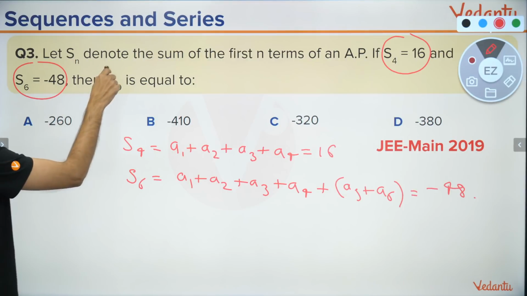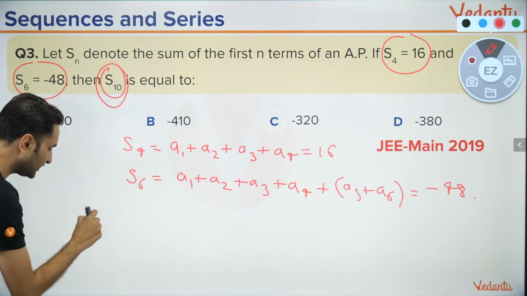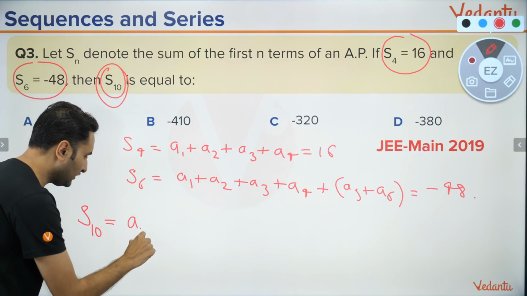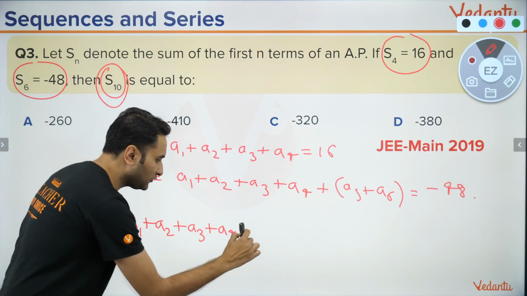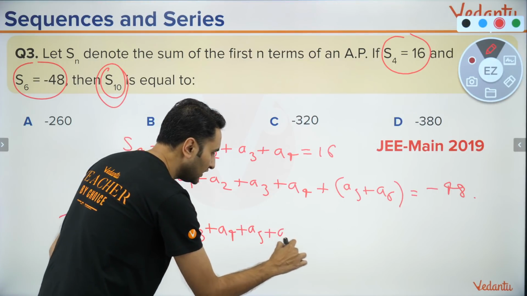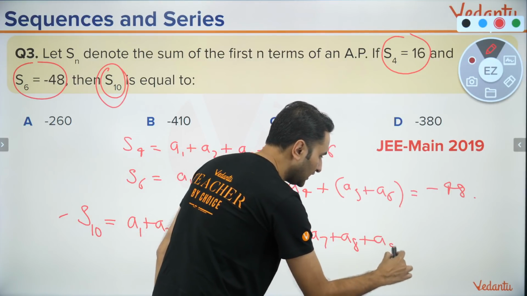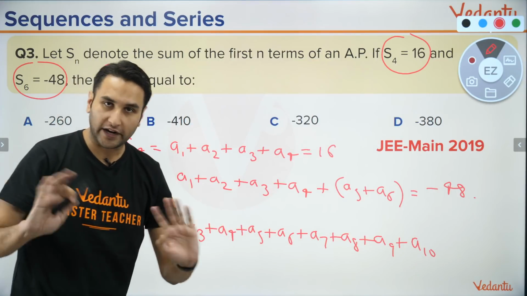Now what do you want? S10. अब देखना सिंगल लाइन में सॉल्व हो जाएगा. S10, ध्यान से देखना बच्चों. S10 is what? It is A1, A2, A3, A4, A5, A6, A7, A8, A9, A10. I am writing it to help you visualize. I need not write all this.